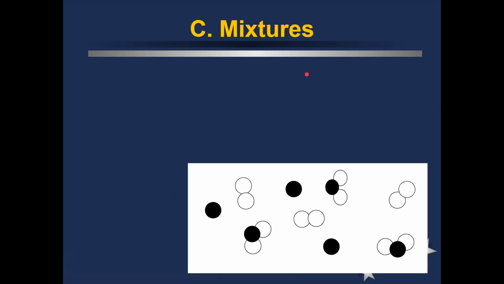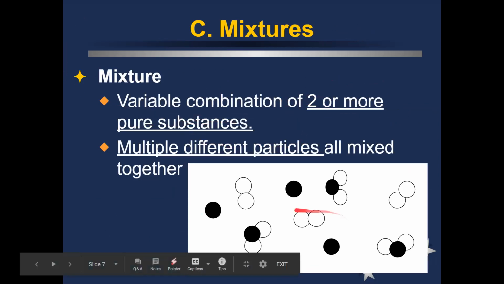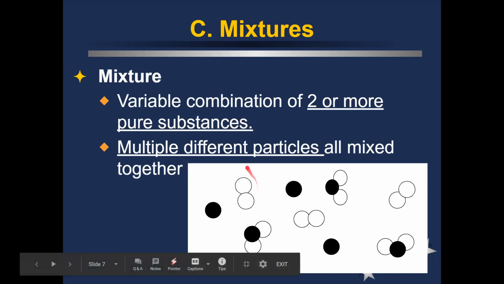So our mixtures are when we end up with two or more different pure substances, right? So in this mixture down here, we have multiple different types of particles all mixed together. So we have this little black dot element right here. We have this little double white dot element.